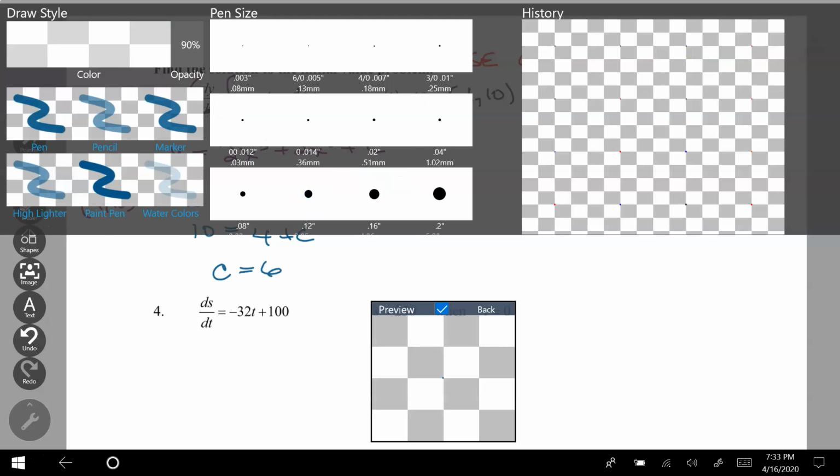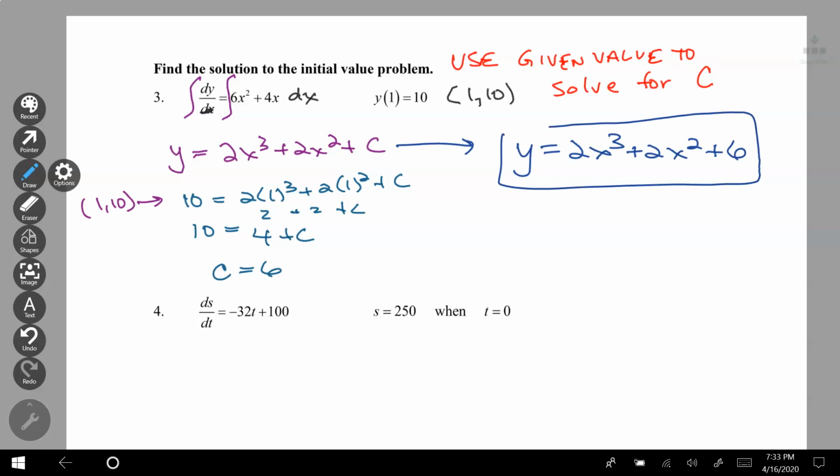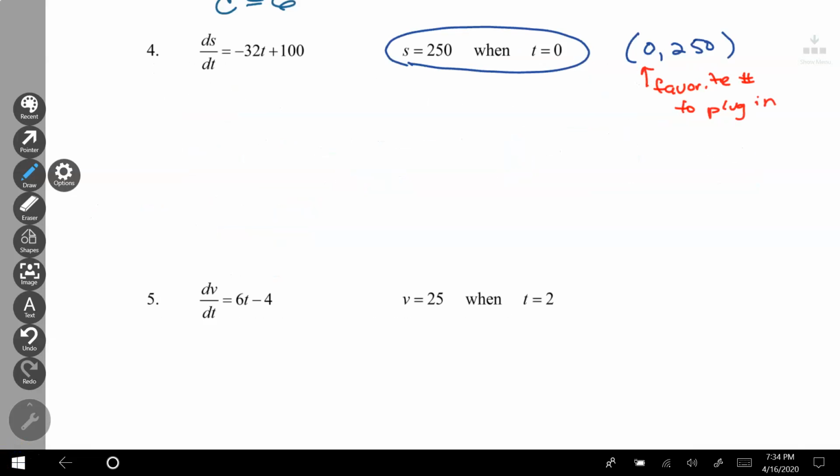So I can rewrite this as y equals 2x cubed plus 2x squared plus 6. That is the specific solution to the problem I have in hand. Again, you could take this derivative and you would get this initial dy over dx differential.